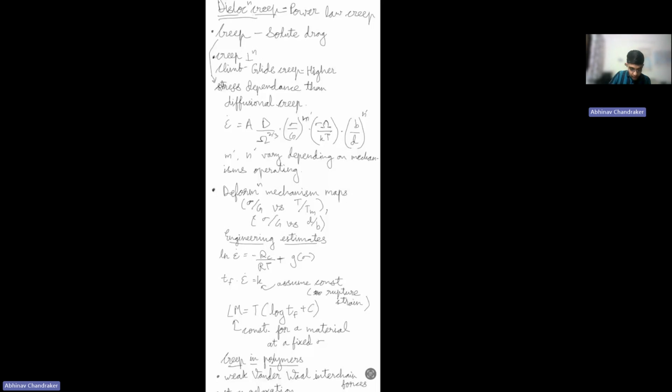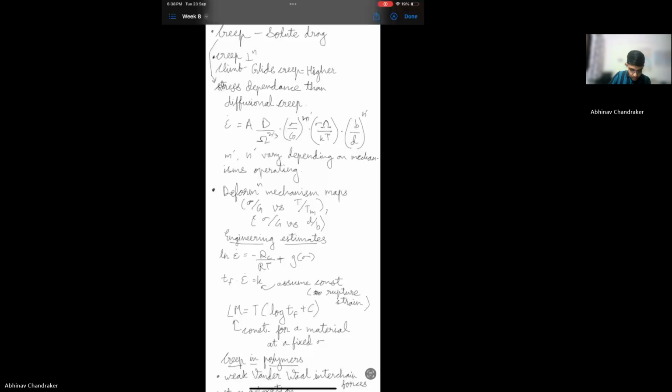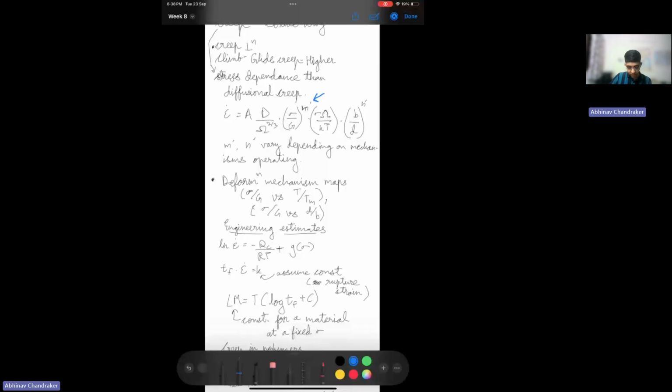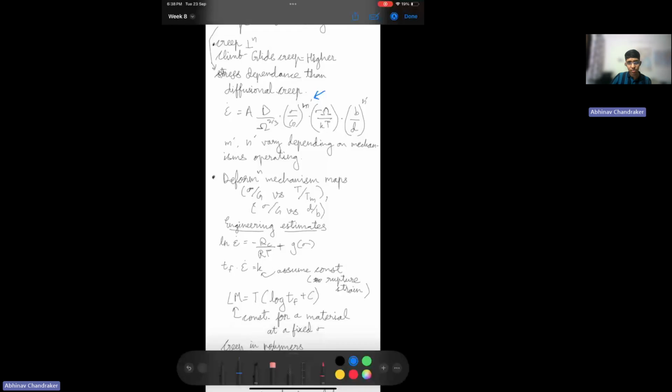Here m dash is the stress exponent, and it will be quite high, maybe 3 to 5 for dislocation based creep, while it is only one, actually 0 for diffusion based creep.